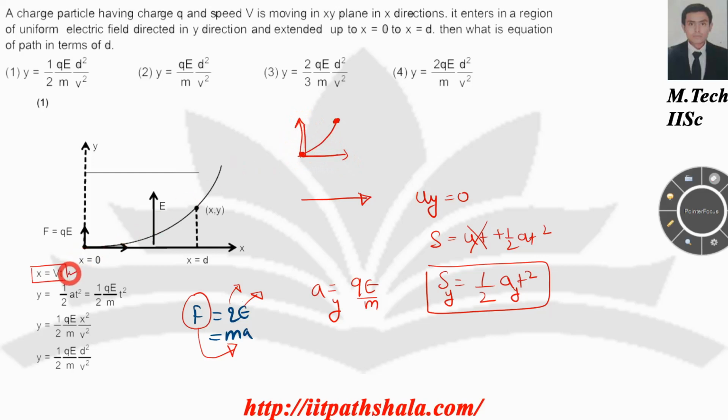So from the first expression itself, I can get the value of time, t equal to x by v. Replace the value of time in the following expression, replace the value of acceleration in the y direction, and you will land up with the equation of the path in terms of d in the y direction.